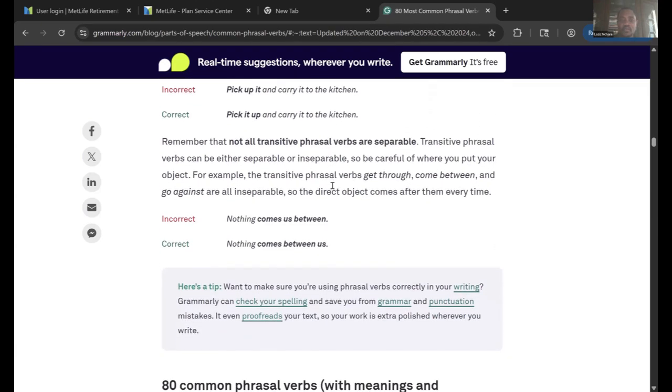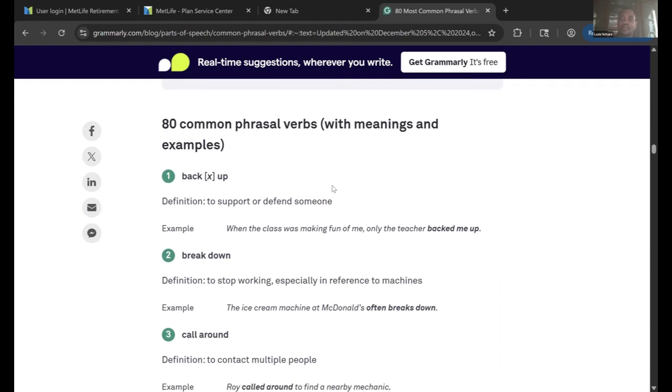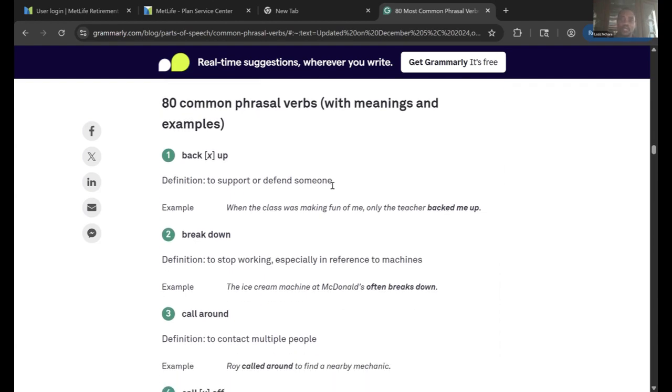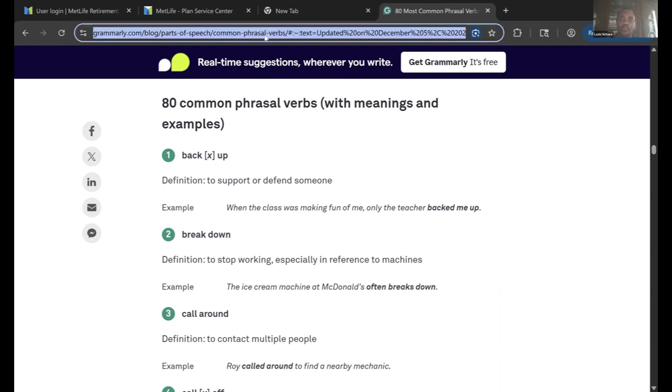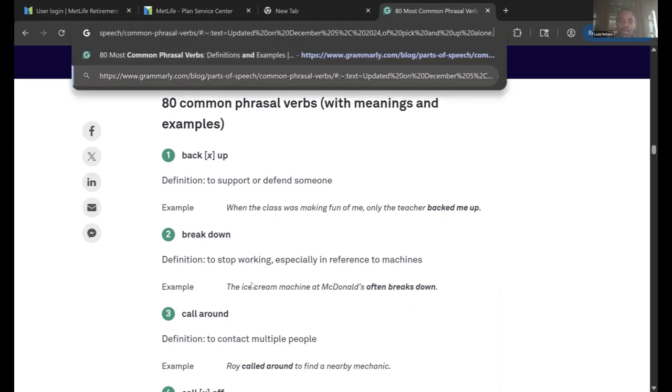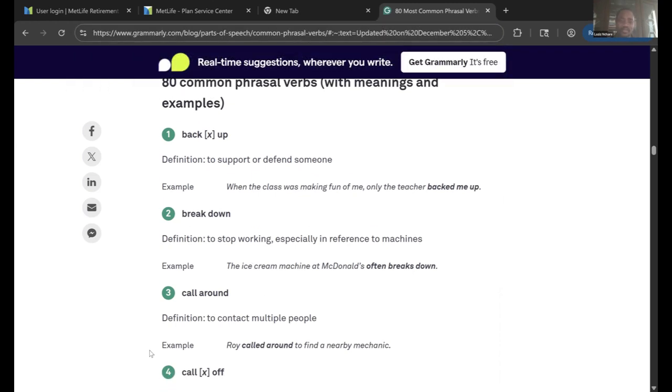Just for those who are interested in the phrasal verbs, I put up here like 80 of them so that you guys can practice, right? And you should be able to understand them: back up, break down, call around, right? And this is real English.